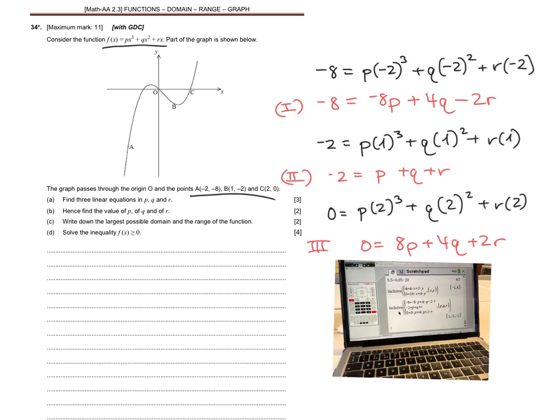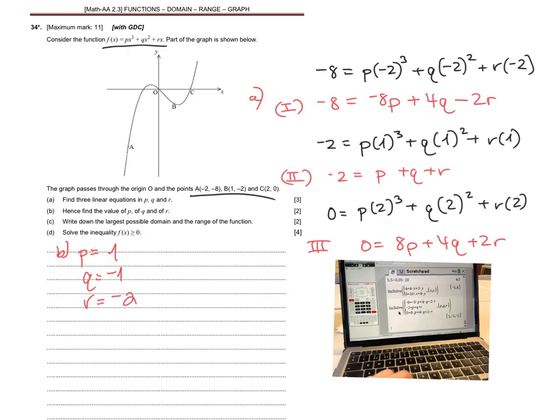And then you just push enter, and there is our solution. So we've done A here. B, P is 1. Q is negative 1, and R is negative 2.